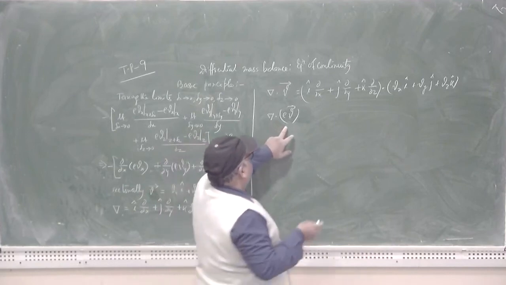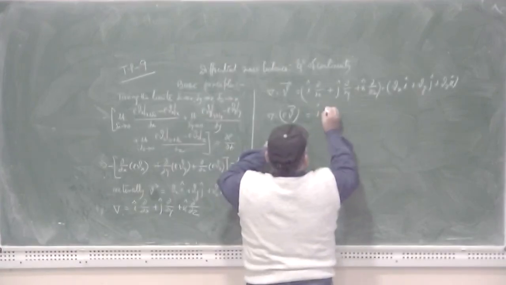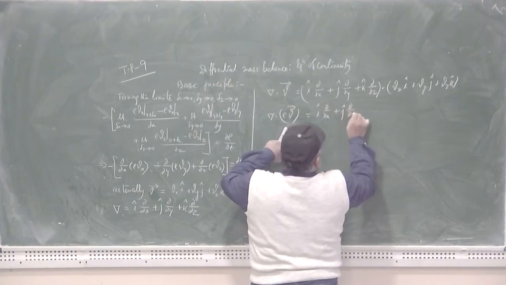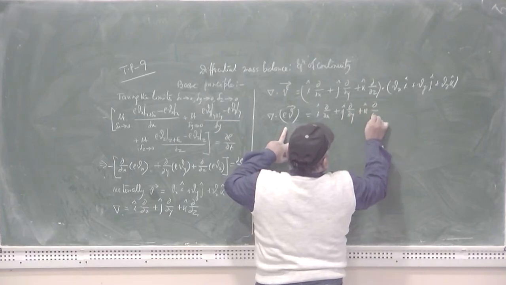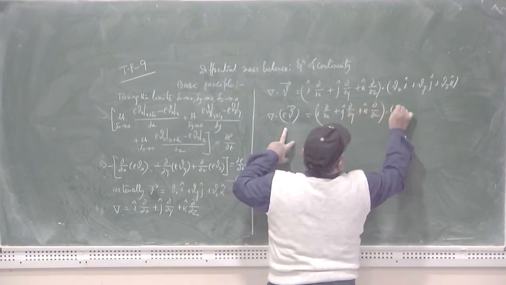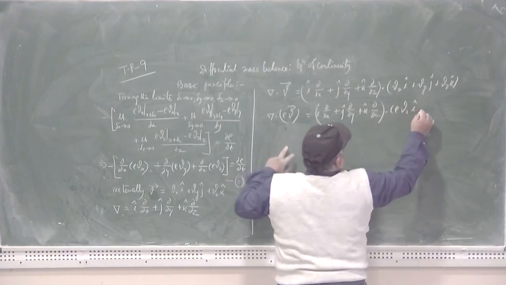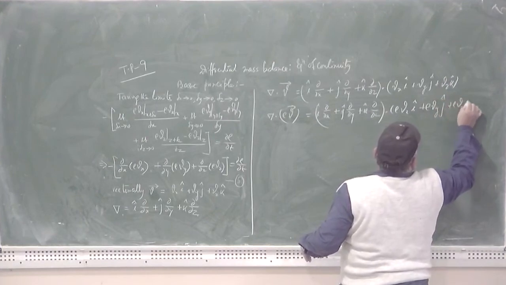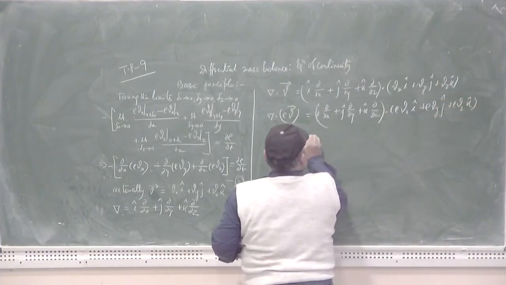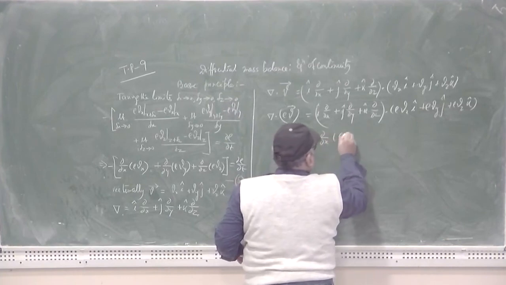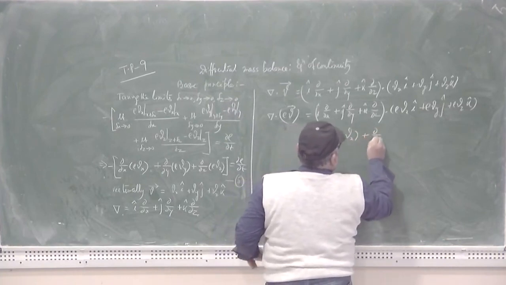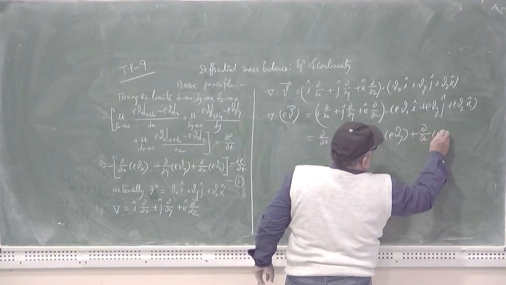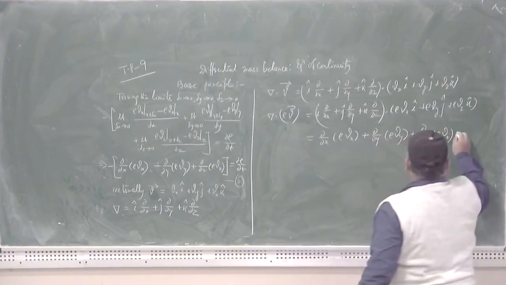So del dot rho v is equal to i ∂/∂x plus j ∂/∂y plus k ∂/∂z dot rho vx i plus rho vy j plus rho vz k. That may be written as ∂/∂x of rho vx plus ∂/∂y of rho vy plus ∂/∂z of rho vz. Let it be equation number 6.